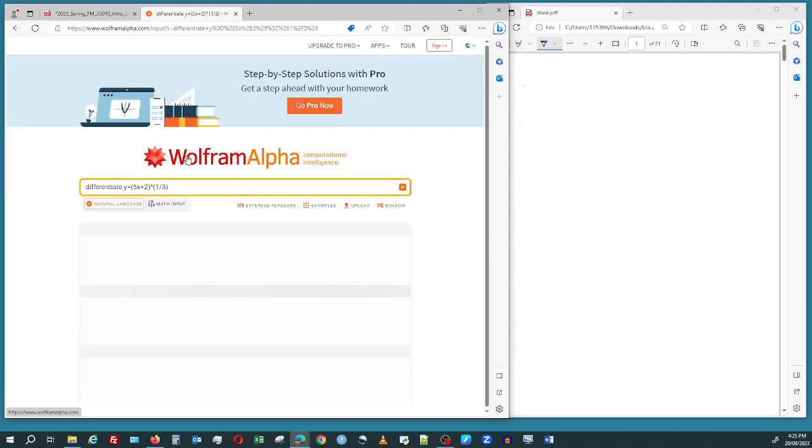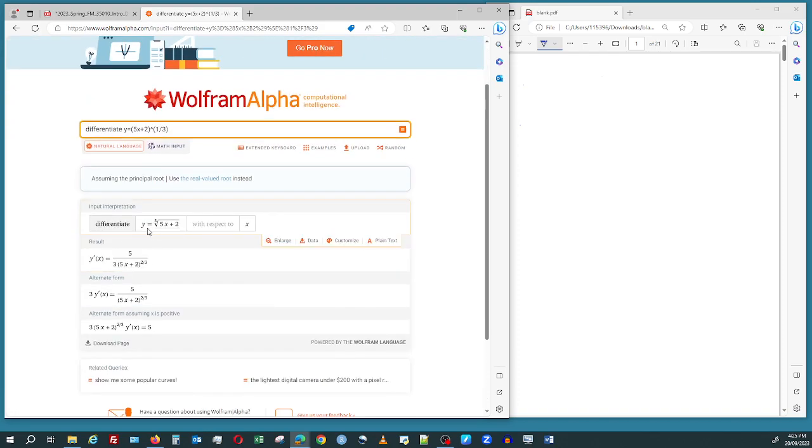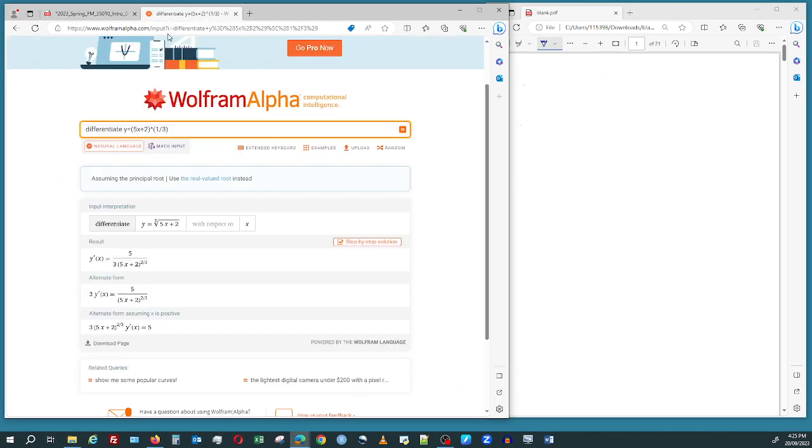And what we see is it's processing like we would. It's recognising the cube root of 5x plus 2 with respect to x, so that's great. Ooh, 5/3, 5x plus 2 to the power 2 on 3, which is the same thing as what we had. I just didn't do that step. So it's done exactly the same thing.